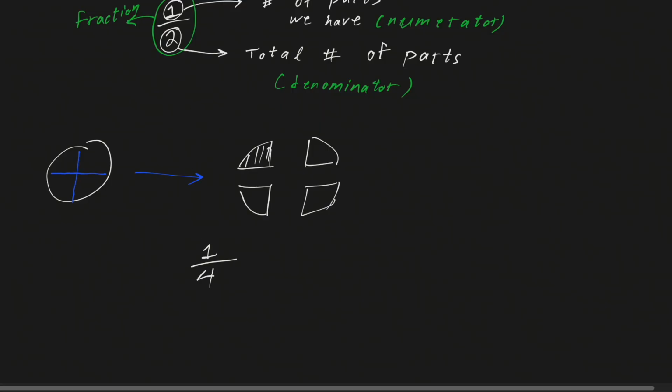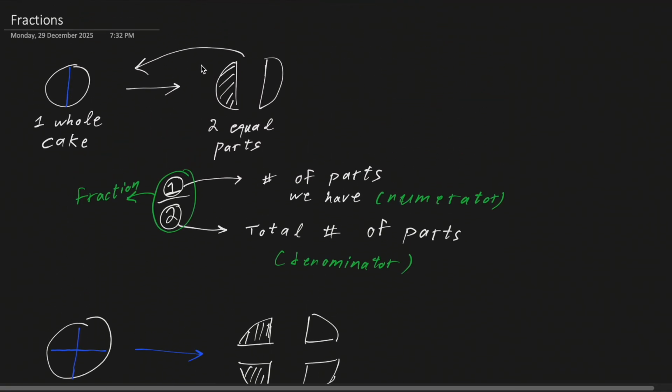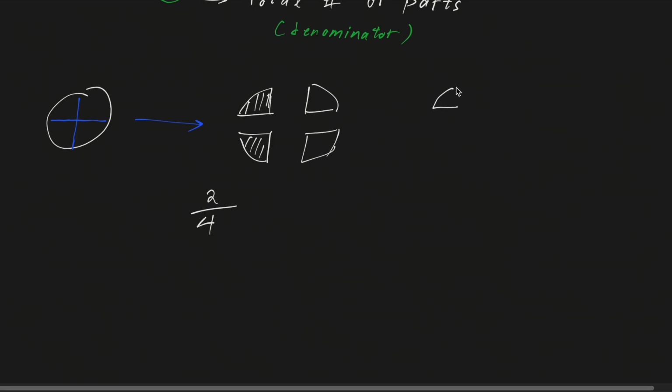But now suppose that instead of having one part, I also took this piece as well. So now, instead of having one part of the cake, I have two out of four equal parts. But if we compare this to our original cake, we can eyeball it and say that 2/4 of a cake should add up to half a cake visually.